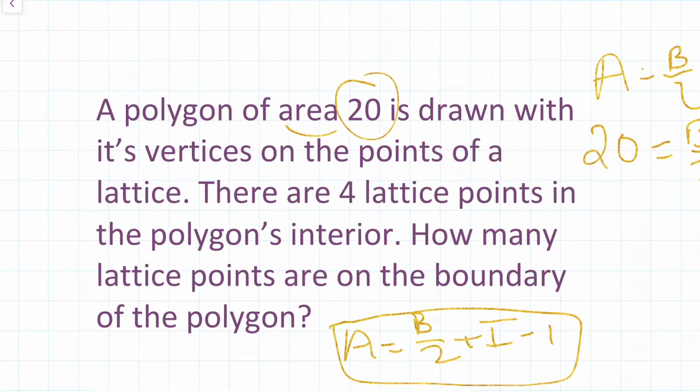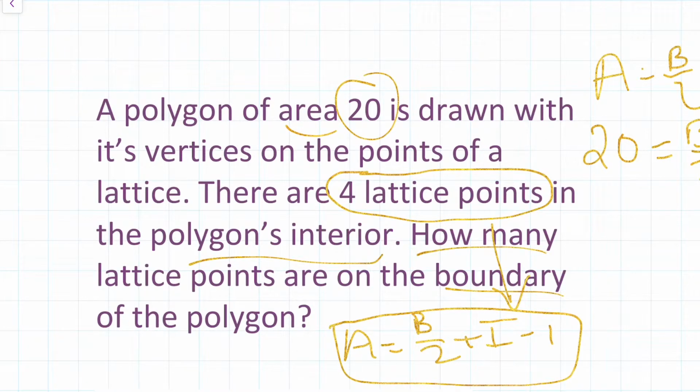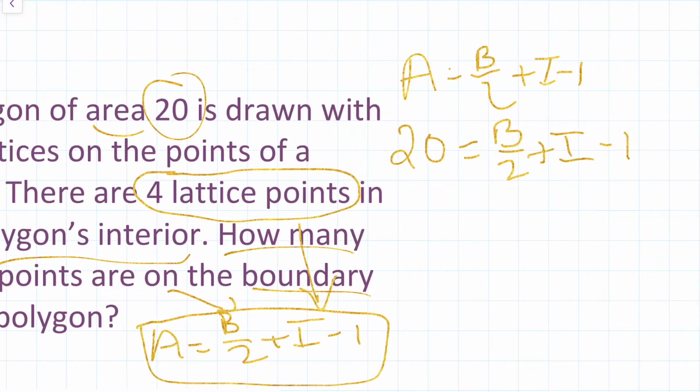So we need to know that there are 4 lattice points in the polygon's interior, which means that I equals 4, and they're asking for the boundary, so the question is asking for what is B. We know that I equals 4 as said in the question.